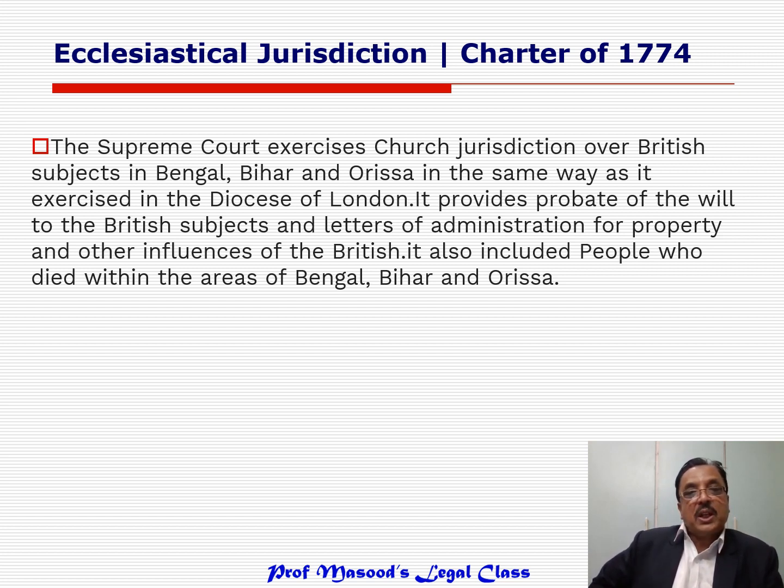Ecclesiastical jurisdiction, Charter of 1774. Ecclesiastical has a meaning in theology and in spirituality. The Supreme Court exercised church jurisdiction over British subjects in Bengal, Bihar, and Orissa in the same way as it was exercised in the Diocese of London.